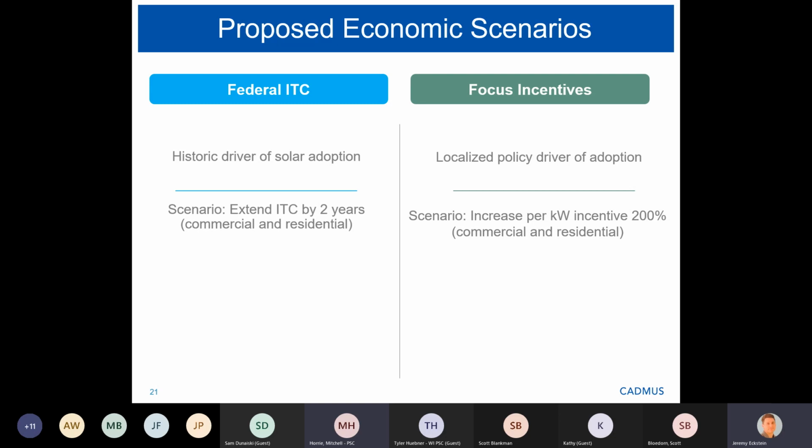Jeremy, did you have a good understanding? Well, what I had heard was to make the entire state a net metering policy. That's certainly one idea that was included.